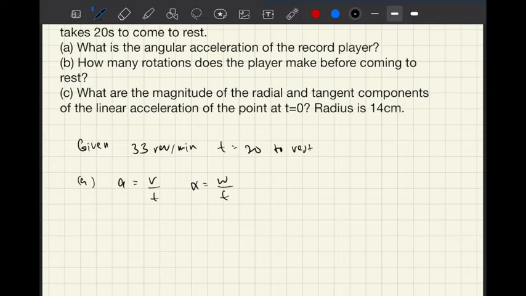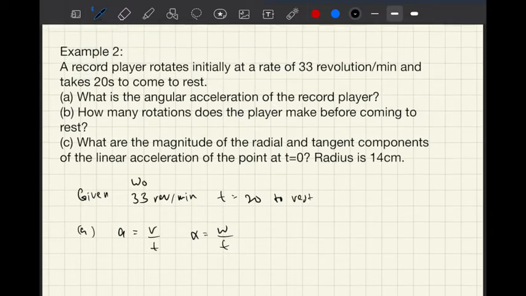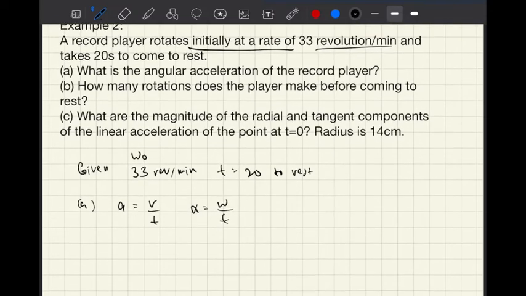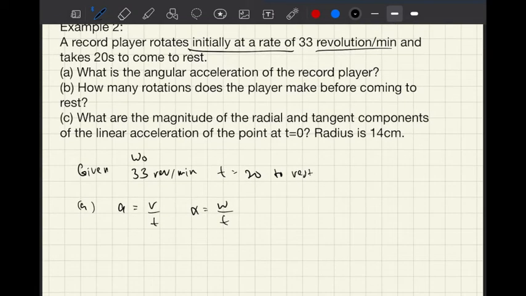It gave us the initial rate of 33 revolutions per minute, but the unit is revolution per minute, and usually in this topic we convert it to radians instead of revolutions or RPM.